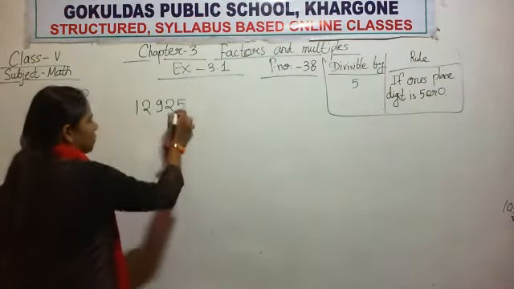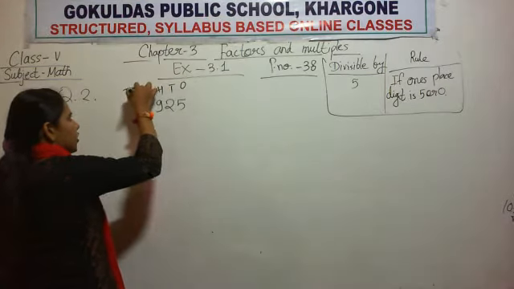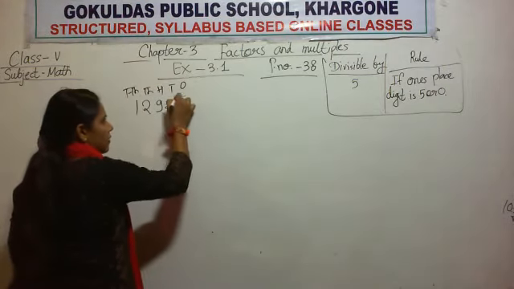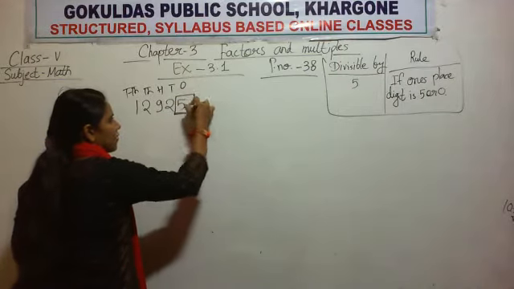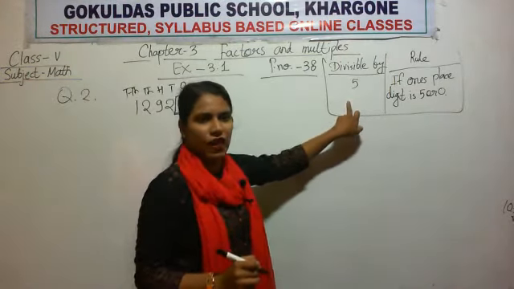So here observe that the digit at the ones place is 5. So it is following the divisibility by 5 rule.